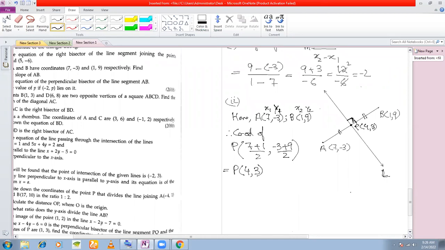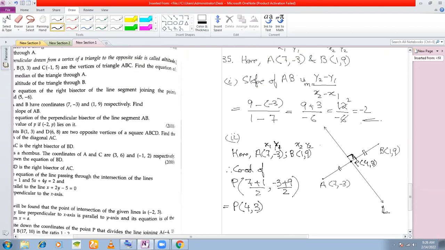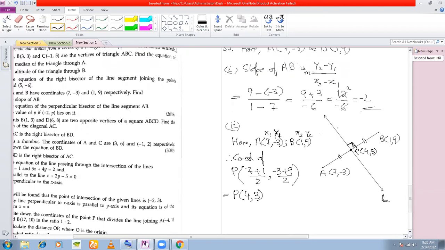Now once we have the coordinates of P, we want to find out the equation of the line through P. These two are perpendicular to each other, isn't it? AB is perpendicular to the line L, the perpendicular bisector. So what is the slope of this line AB we have got here? Minus 2. If I call the slope of this line M dashed, it is minus 1 by M, isn't it?